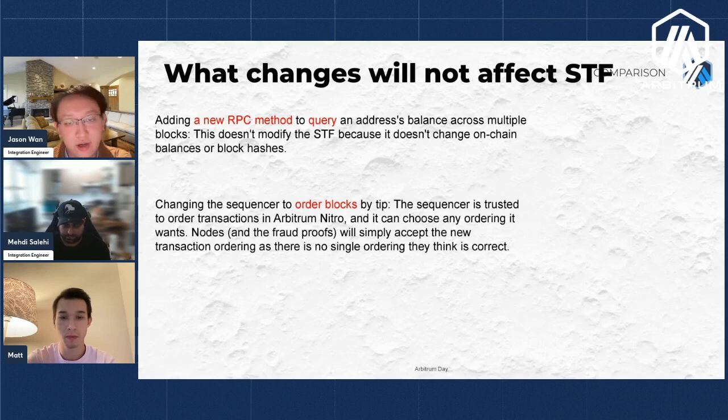So another thing is, if you want to change the order policy of the sequencer, you can also change it. Those changes will not affect our state transition function, because the state transition function picks up transactions which are already ordered.